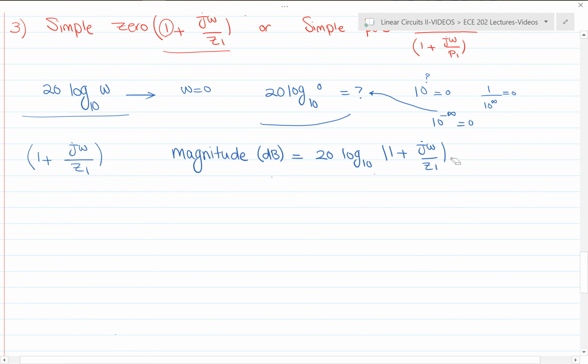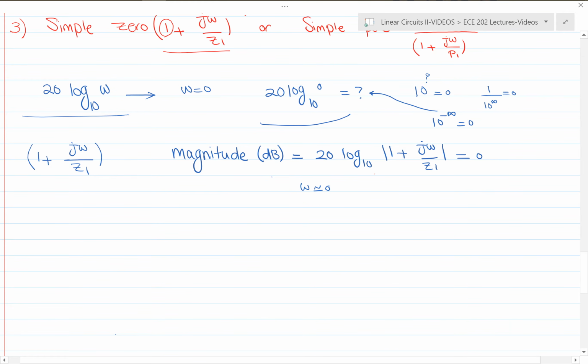This is the magnitude. Okay, so for small frequencies, we want to see what this value is. So for small frequencies, that is omega approximately equal to 0, we're going to get a magnitude of 0.